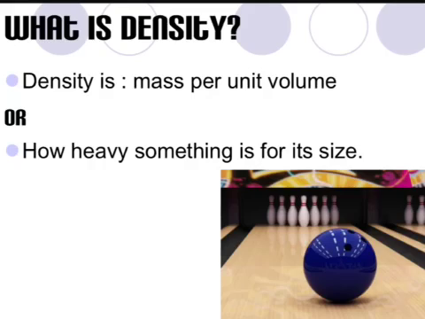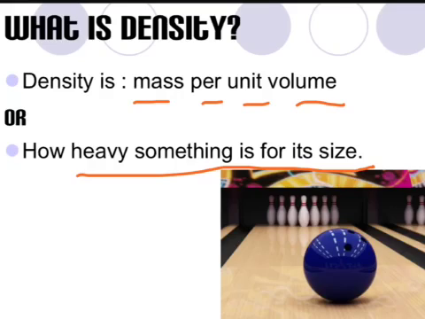So I'm going to start off by defining what density is. Density is mass per unit volume, or the way I like to talk about it is how heavy something is for its size. So when you consider something for how big it is, does it feel really heavy or does it feel not so heavy? For instance, a bowling ball for its size is very heavy, so we would say it's very dense.